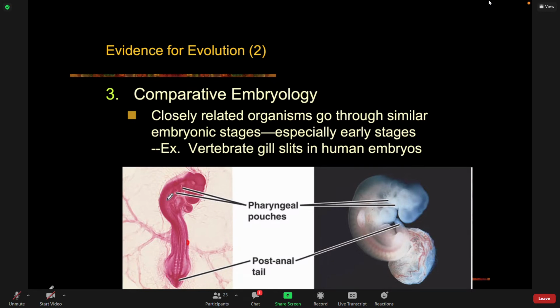Whereas in humans and chickens, since they're air breathers, the pouches develop in a different way. But they're the same early structures that turn into gills in fish, and we still retain them. After later stages of embryological development, they can change quite a bit. Why do we have this?